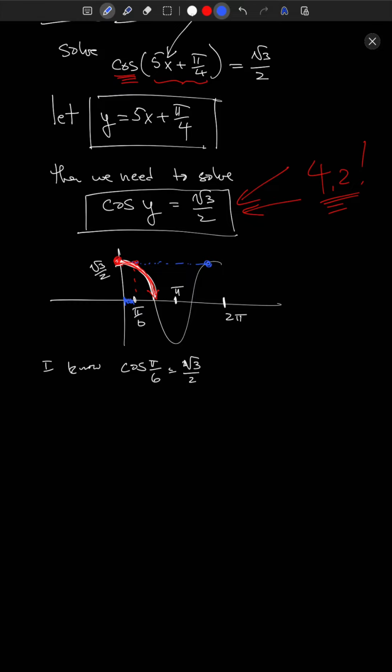If I do the same thing symmetrically from 2 pi, I would be moving to the left like this, from the top to the ground. And in this direction, that means I need to move from 2 pi to the left a distance of pi over 6. So this point right there has to be 2 pi minus pi over 6, which happens to be 11 pi over 6.